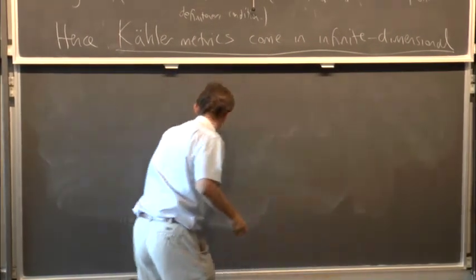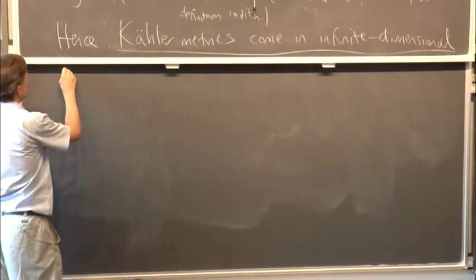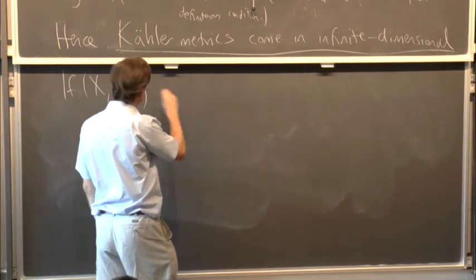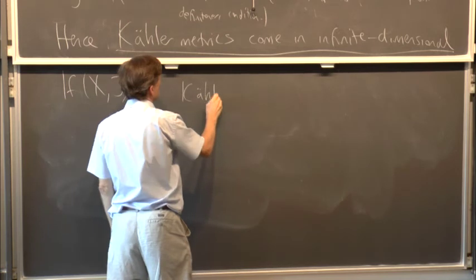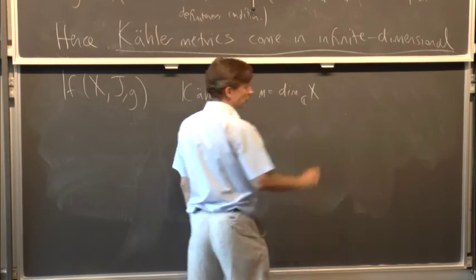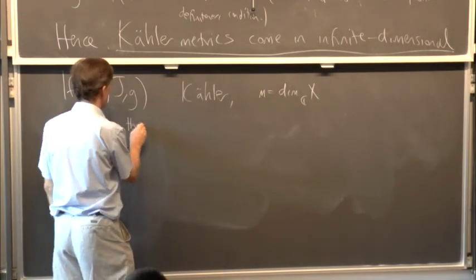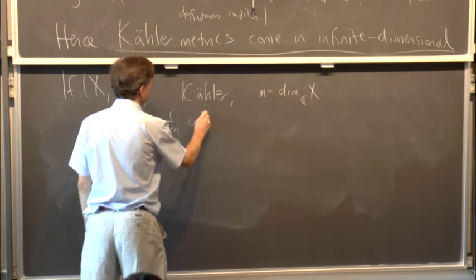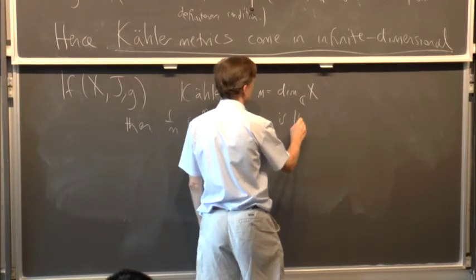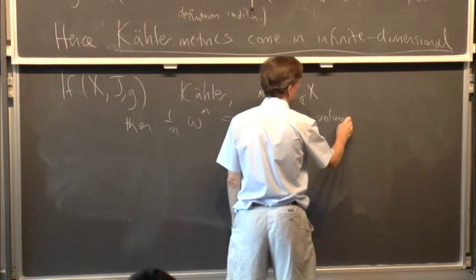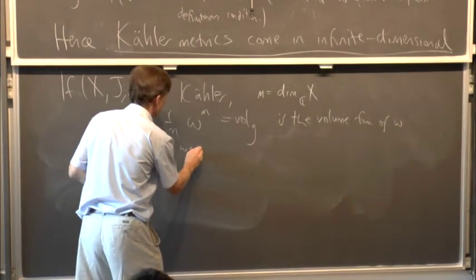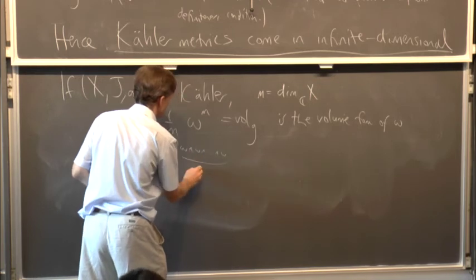So, if X, J, g is Kähler, and m is the complex dimension of X, then 1 over m! times omega to the m is the volume form of omega. So omega to the m means omega wedge omega wedge ... wedge omega, m times.